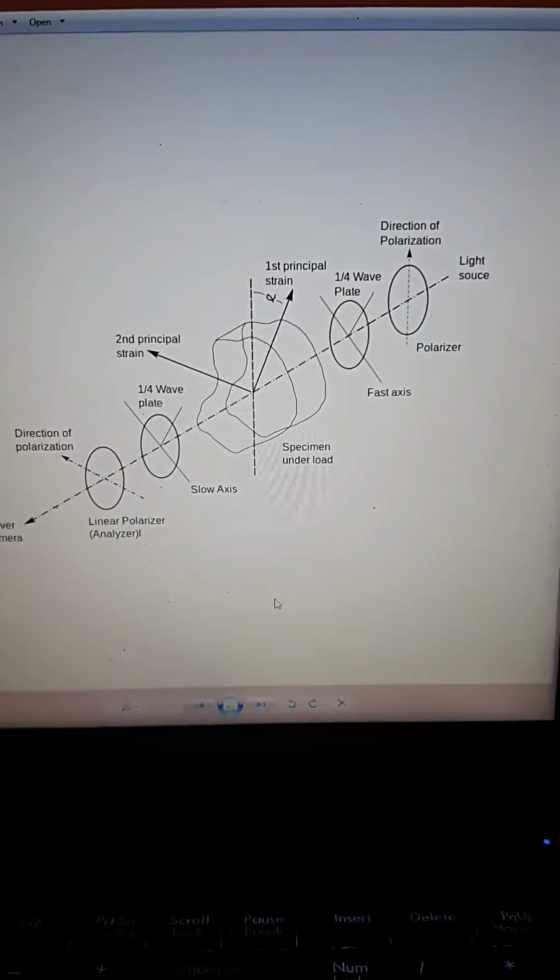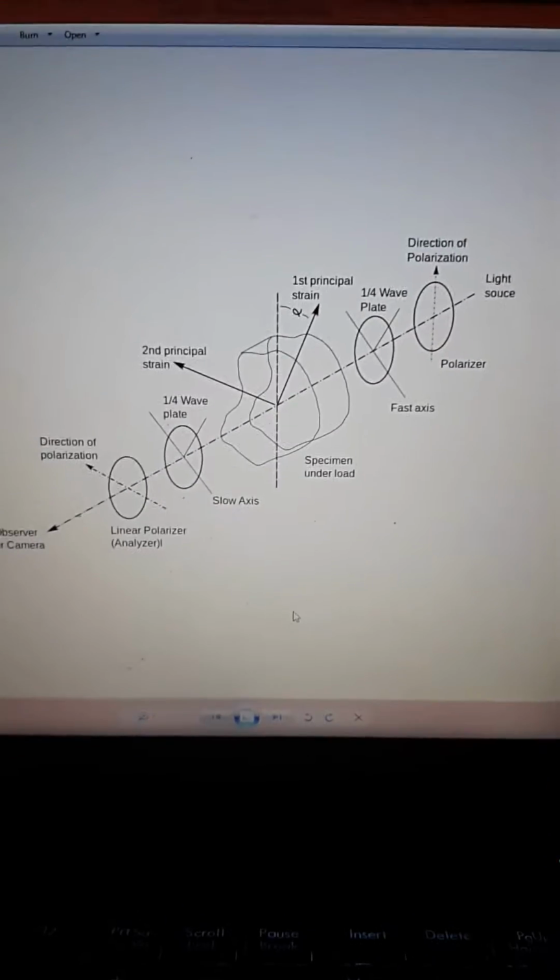In addition, the polariscope can be created with either linear or circular polarization.